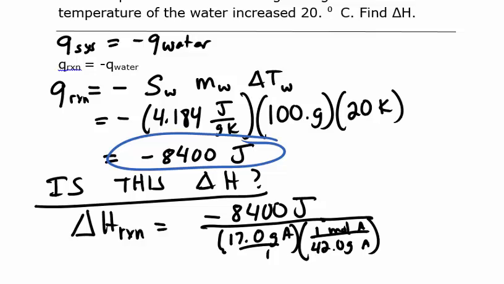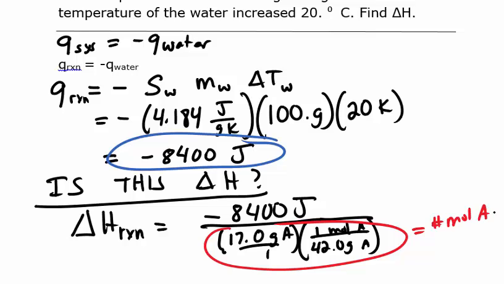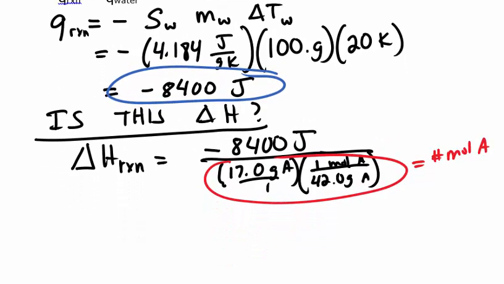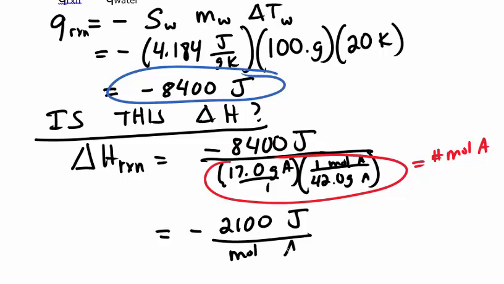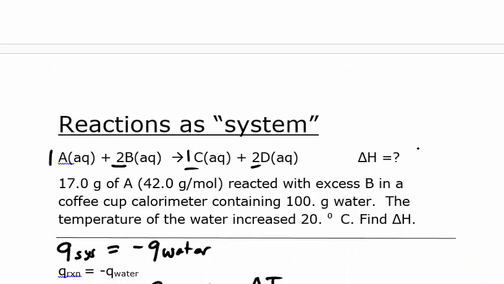This whole denominator is a calculation of the moles. So we're just dividing the Q by the number of moles. We'll still have a negative sign, and it'll be negative 2,100 joules that now we have per mole of A. So that's a number that is more universal. It's actually for the equation up above. So we can now say delta H is negative 2100 joules.